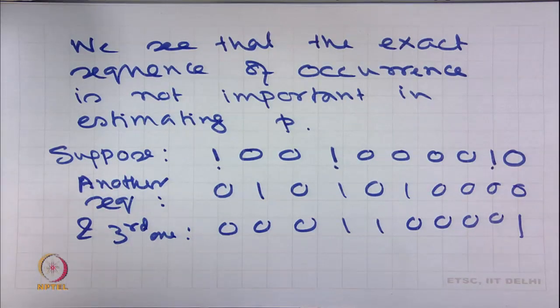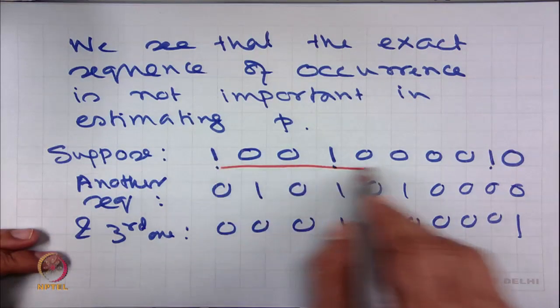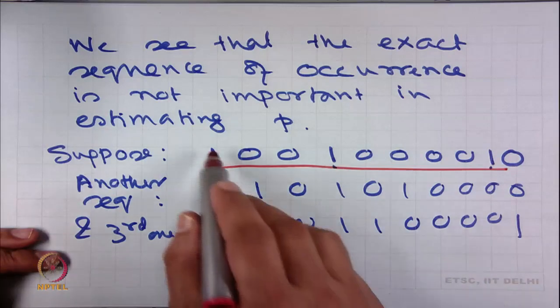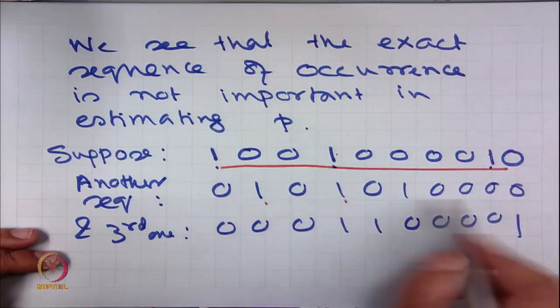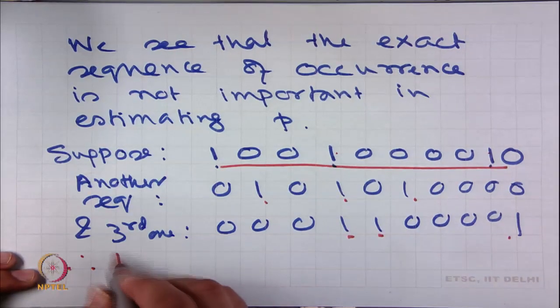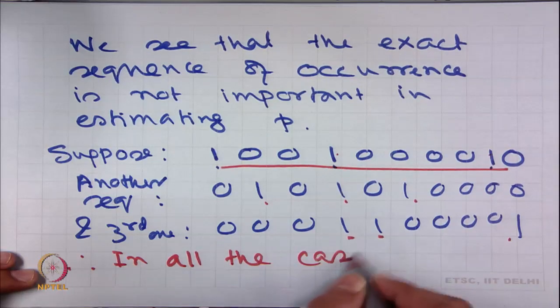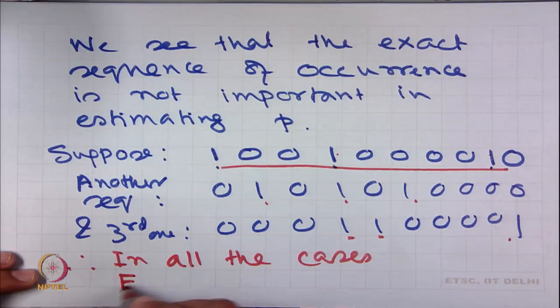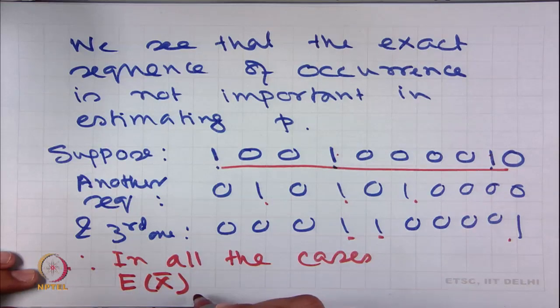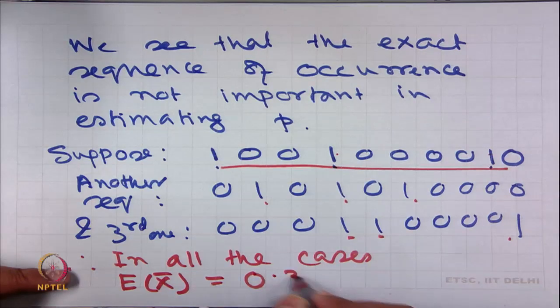In all the 3 cases, we find that out of 10 tosses, there are 3 heads, and therefore, in all the cases, the estimate is X bar, and the expected value of X bar is equal to 0.3.